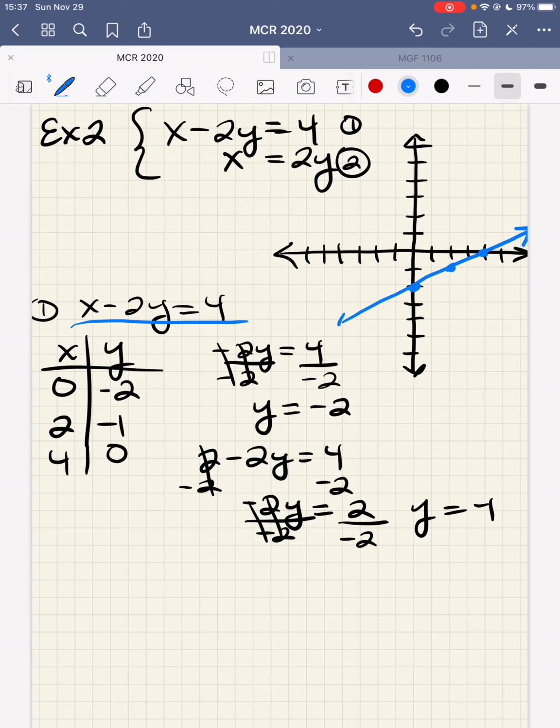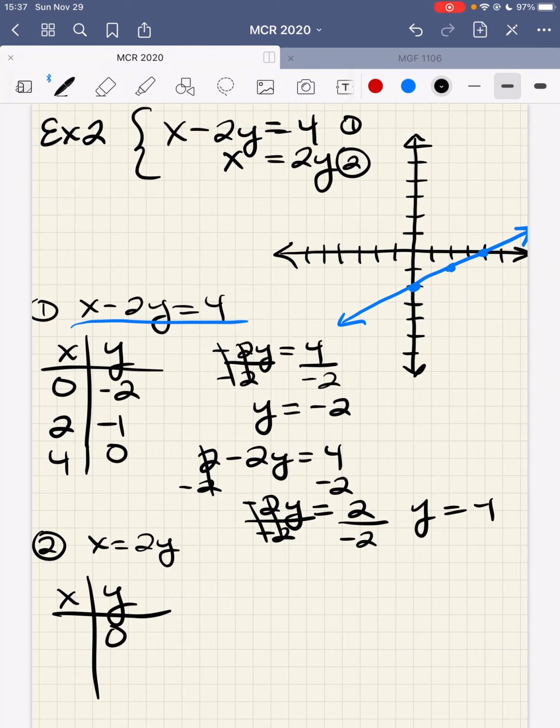And I'm going to go ahead and graph my line. Working with equation 2, which is x is equal to 2y. This is going to be a little bit easier, because there's a couple ways I could do this. I know that if I plug in for y, I'll automatically get my x because I just have to do the math.